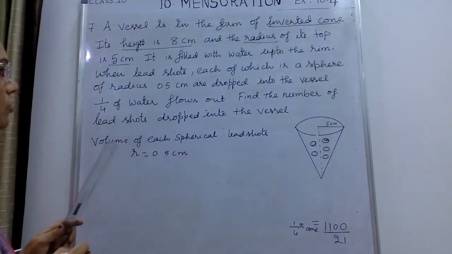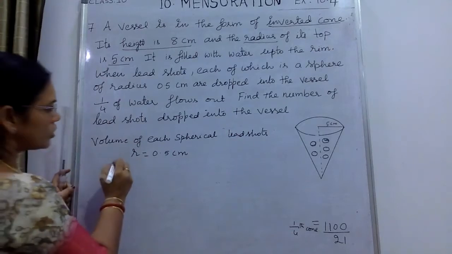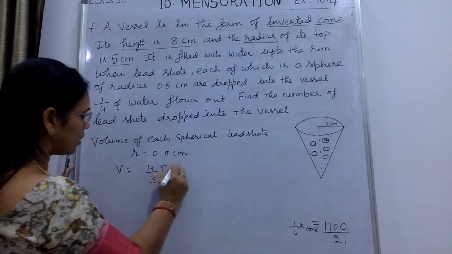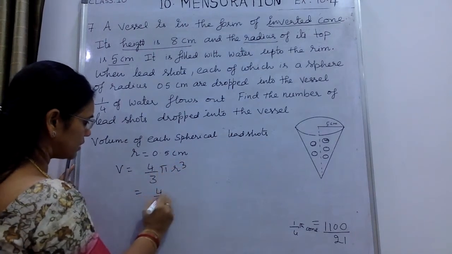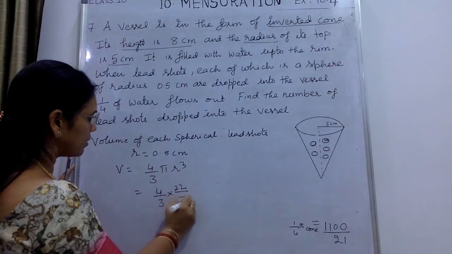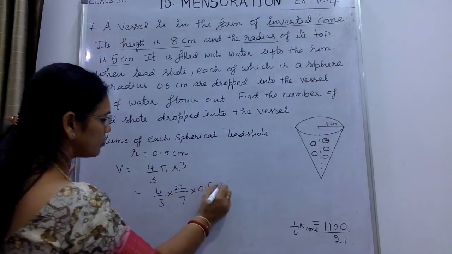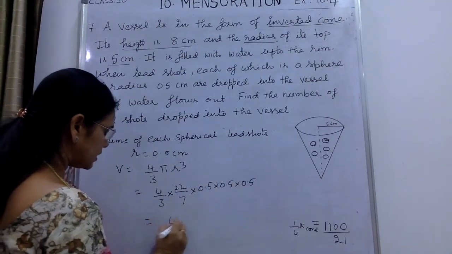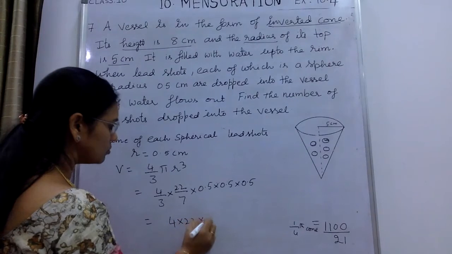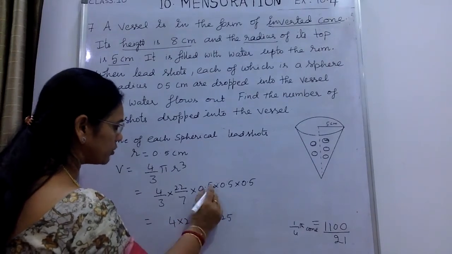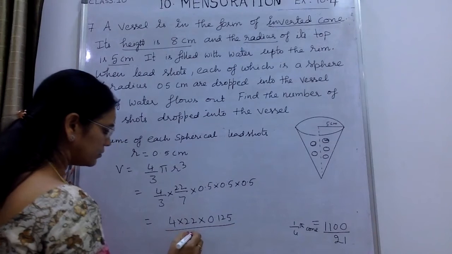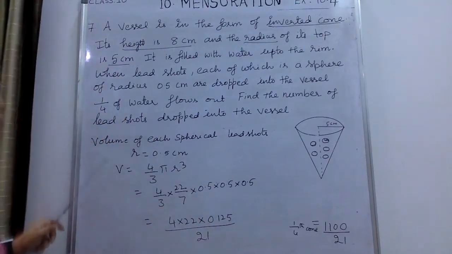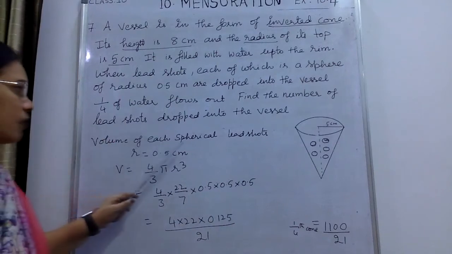What is the formula to find the volume of a sphere? V is equal to 4 by 3 pi r cube. So 4 by 3 into 22 by 7 into r cube, 0.5 into 0.5 into 0.5. This can be written as 4 into 22 into 0.125 by 3 sevens are 21. So this is the volume of each spherical lead shard.